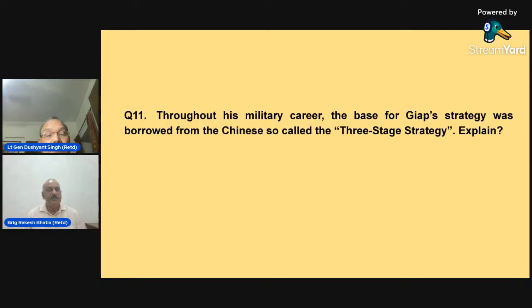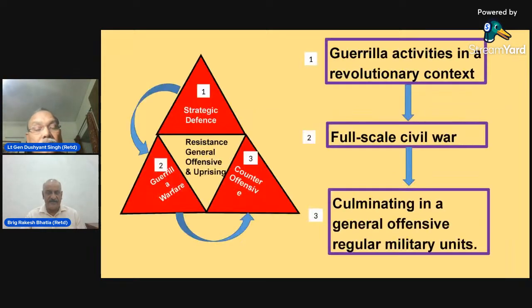The Vietnamese strategy was borrowed from the Chinese so-called three-stage strategy. Explain. Again, a figure. The three-stage strategy was resistance, general offensive, and general uprising, which the Chinese called strategic defense, guerrilla warfare, and counteroffensive.